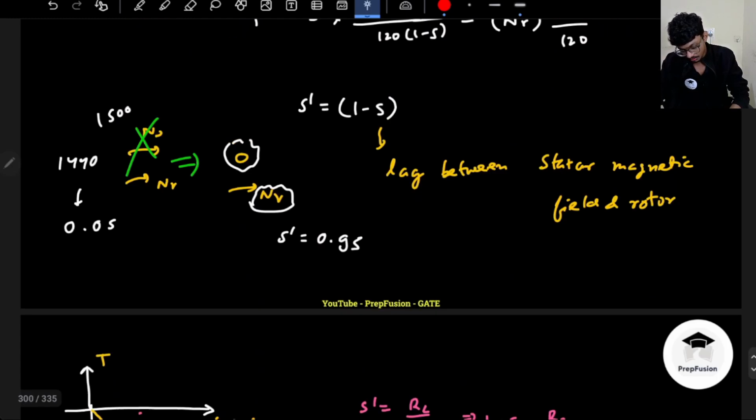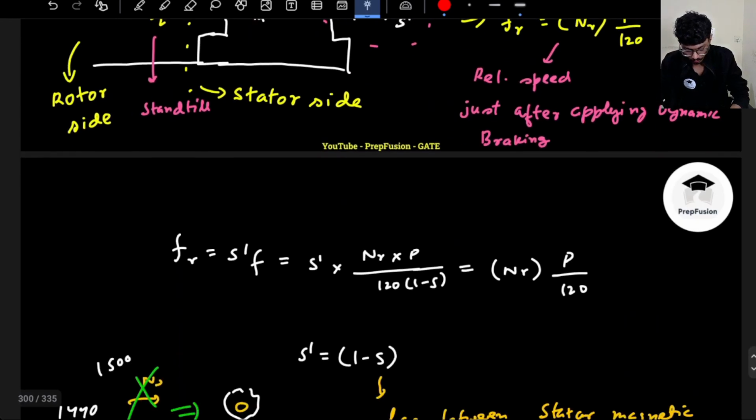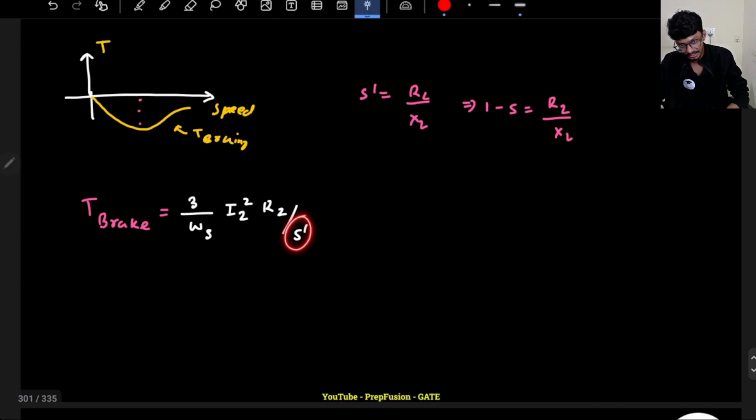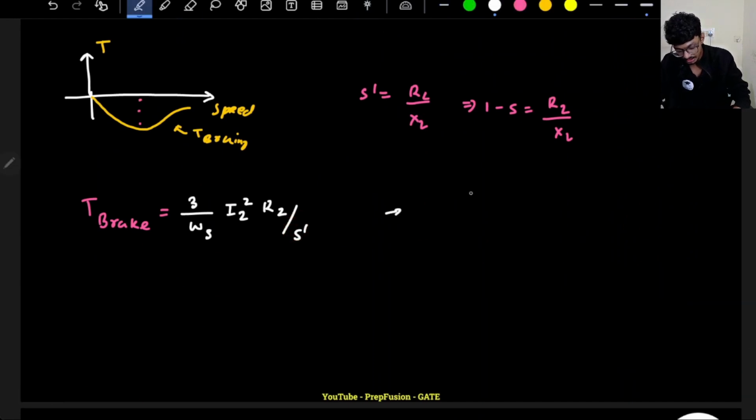One more point: this is 1 minus S, previously it was S. So let's take a few numbers. Let's assume that R2 is 1 ohm, and S was 0.05. Previously, my fictitious load was R2 divided by S, that is 20, correct? Now what is the fictitious load?